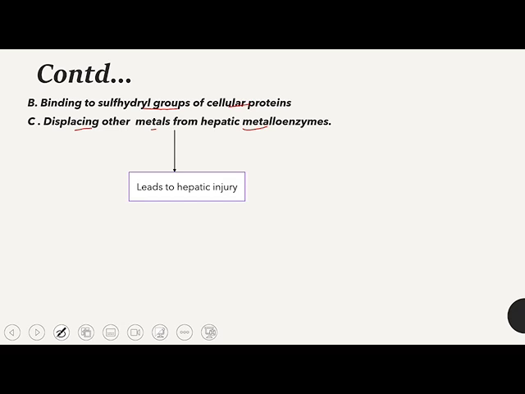And whenever there is the hepatic injury due to the copper toxicity, then the non-ceruloplasmin. Why non-ceruloplasmin? Because we know that in Wilson disease there is reduced formation of the ceruloplasmin.